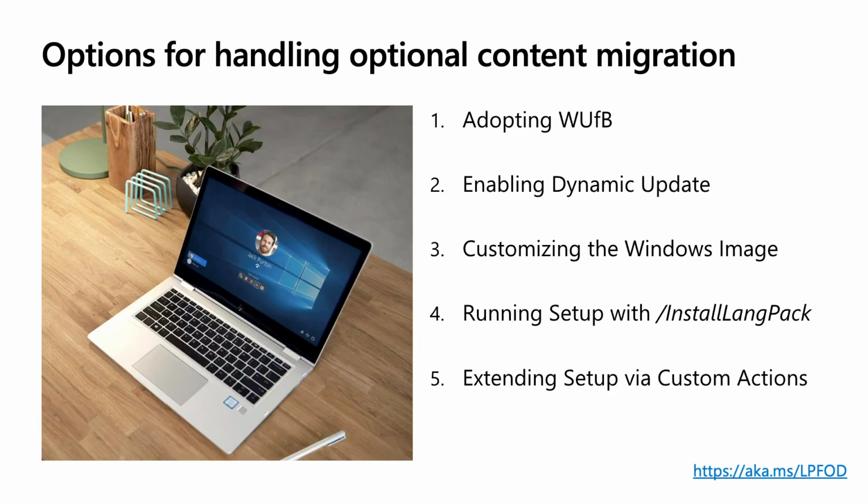The first option is to adopt UUP via Windows Update for Business. These devices will automatically preserve FODs and language resources during an update. This is device specific. Devices get only the content they need, but of course the content is acquired from Windows Update. The second option is to enable dynamic update. Dynamic update is the acquisition of update content that is not on the installation media.